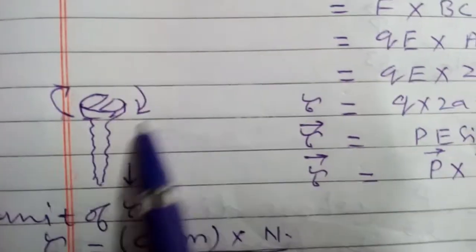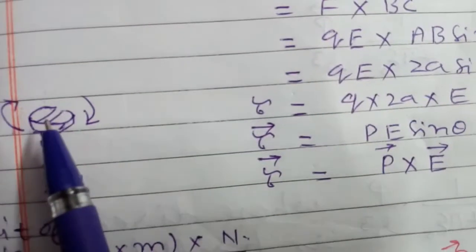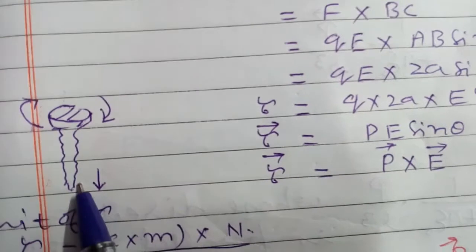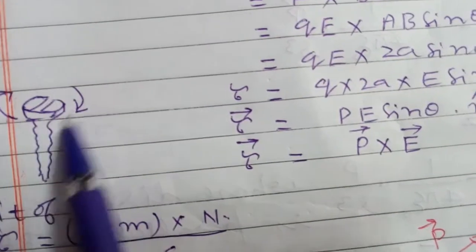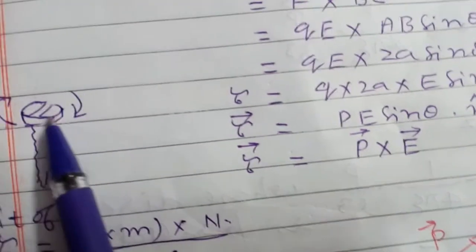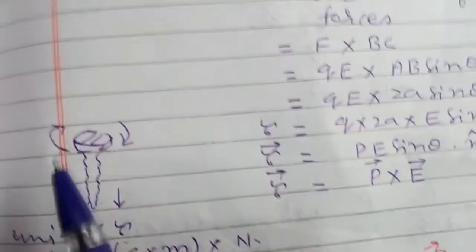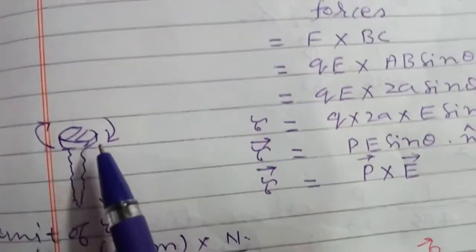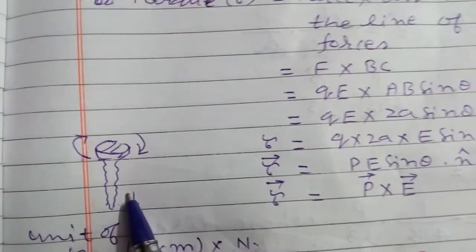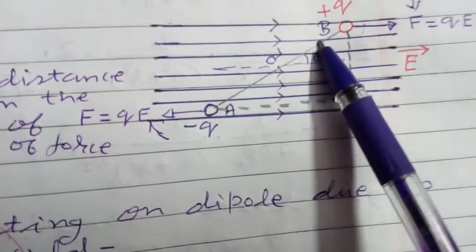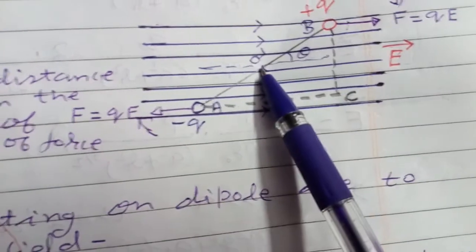See here, this is a screw. If it is kept perpendicular to the plane of the paper, then when we rotate it clockwise, its direction of movement will be inward, means perpendicular to the paper and inside. So the direction of torque is perpendicular to this plane and inward.